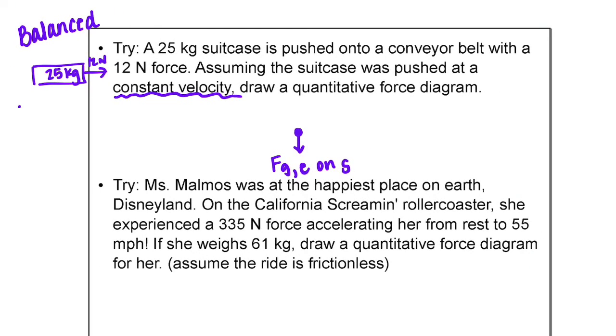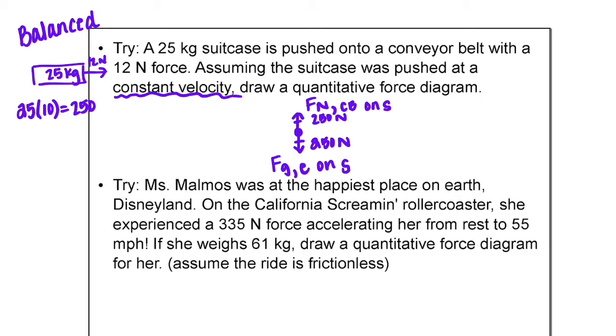Because my suitcase is 25 kilograms, I'm going to multiply that mass by 10 to get my force of gravity to be 250 newtons. Now the forces have to be balanced, so this means that my normal force has to be equal to my force of gravity. So my normal force coming from the conveyor belt on the suitcase has also got to be 250 newtons. So that's great.